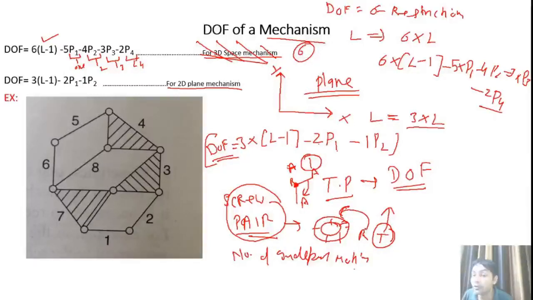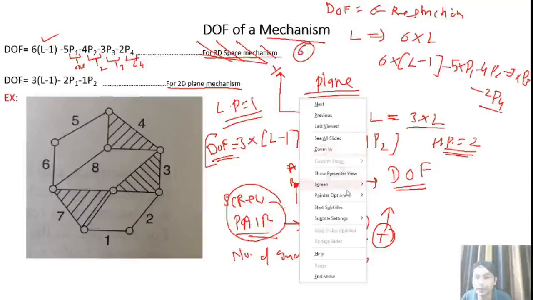If there is no rotary motion, there is no translatory motion. So independent is only 1. So the degree of freedom of a screw pair is also 1. And for your kind information, always remember the degree of freedom of a lower pair is equal to 1, whereas the degree of freedom of a higher pair is equal to 2. Remember this always.